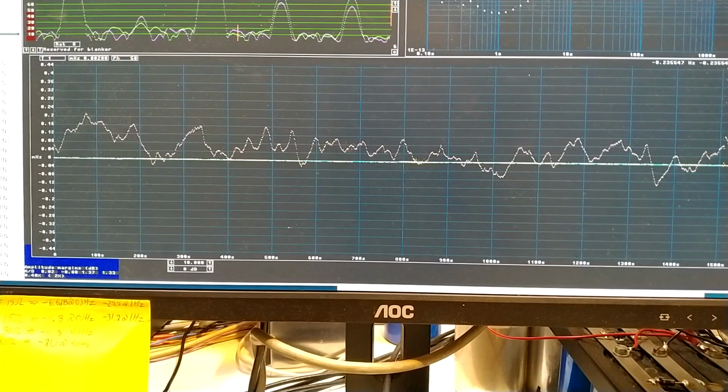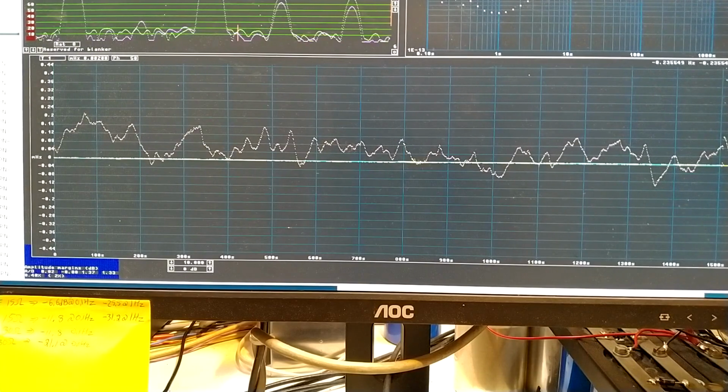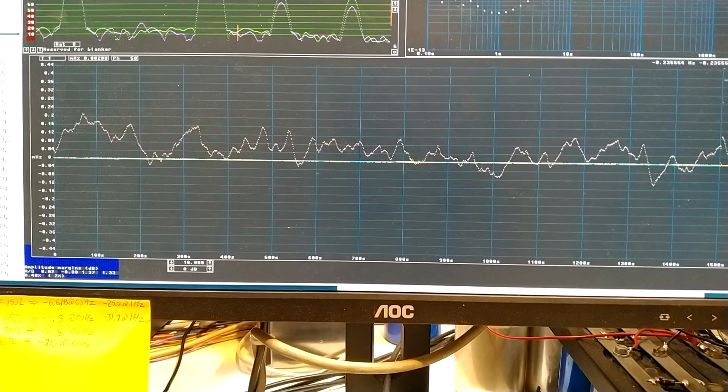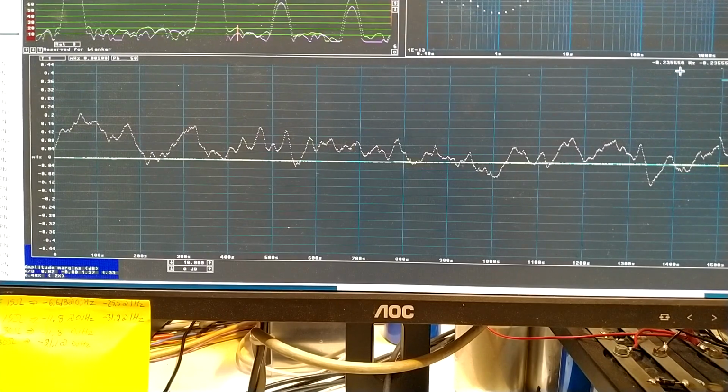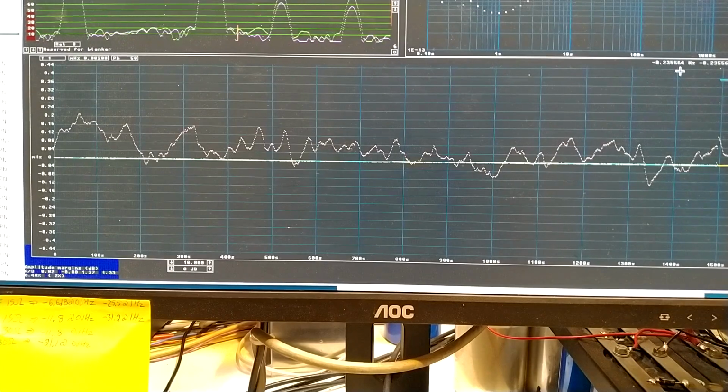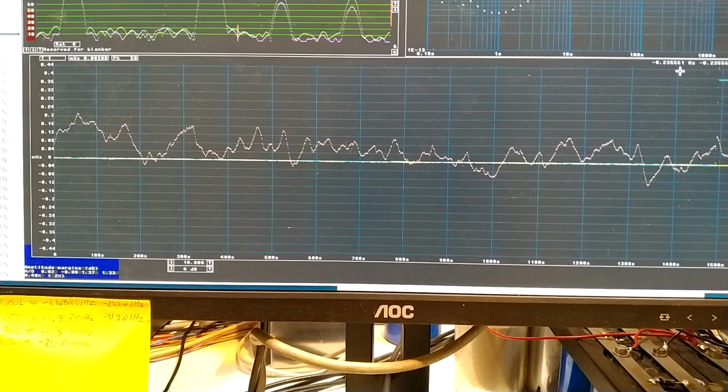And as expected, you can see the blue trace is back at 0. So now I have minus 149. Was it 152 the previous time? I have to check.